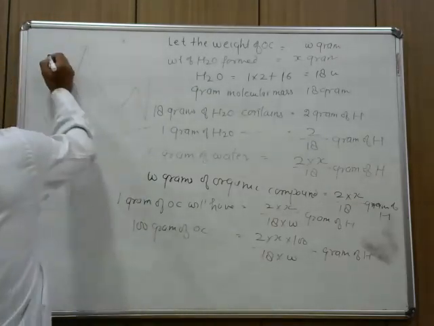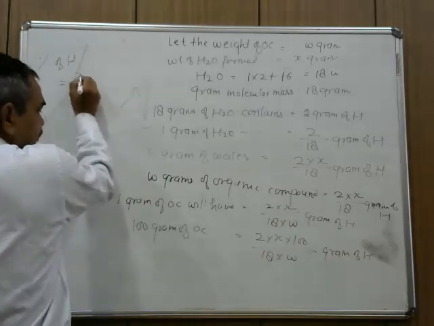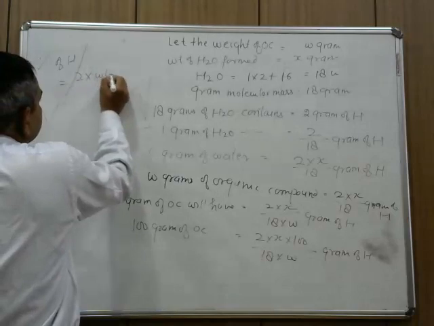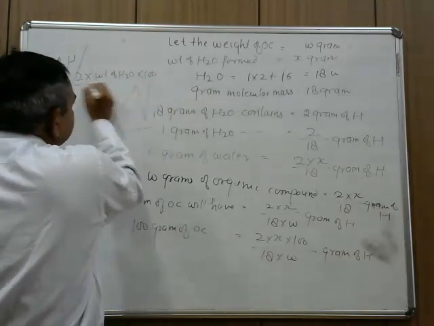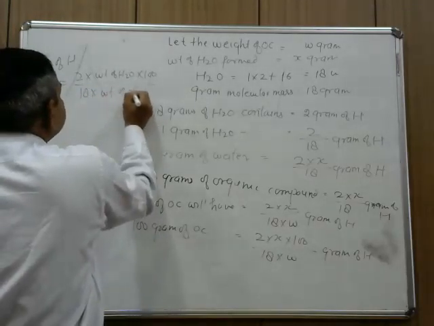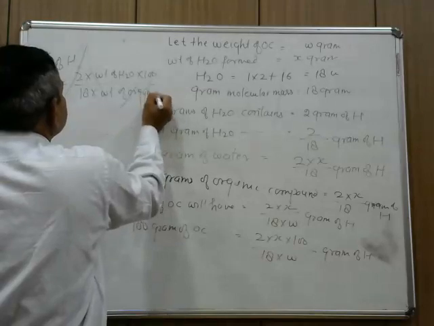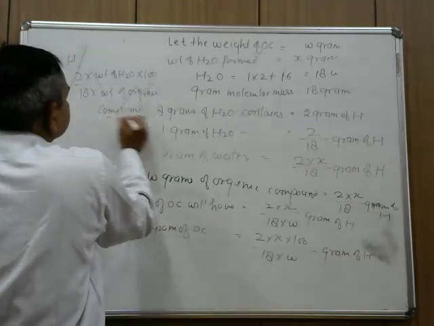So percentage of hydrogen is given as 2 into weight of water formed into 100 divided by 18 into weight of organic compound.